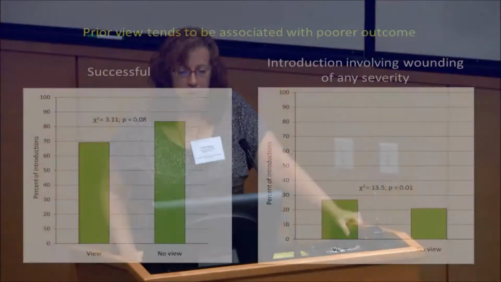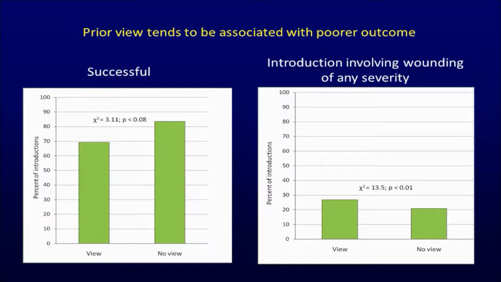So we started recording whether or not the guys we were pairing happened to have been able to see each other for a while. And we found that prior view tends to be associated with poorer outcomes. So it looks like that road rage thing is perhaps a more realistic issue to be thinking about. So lower success rates and higher rates of wounding.